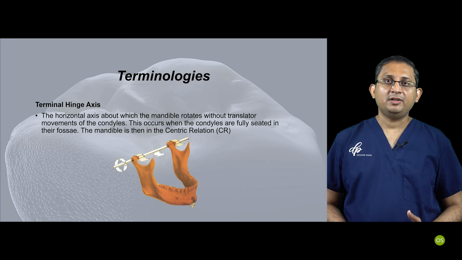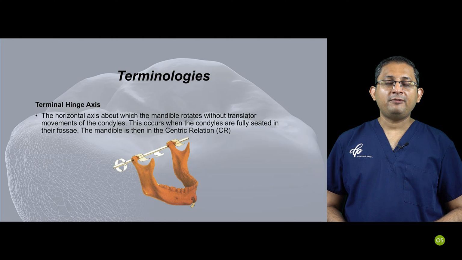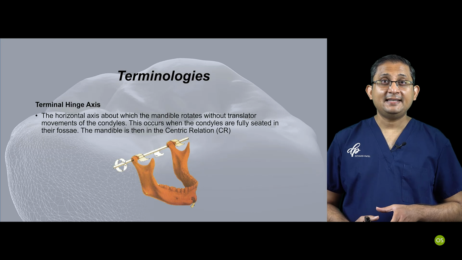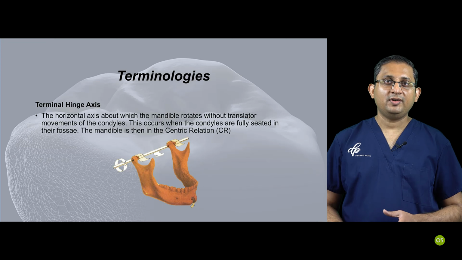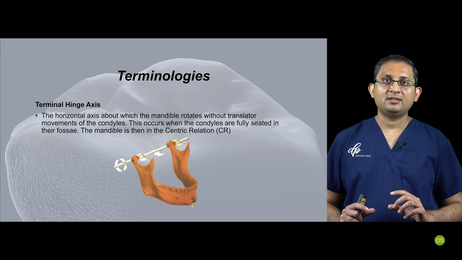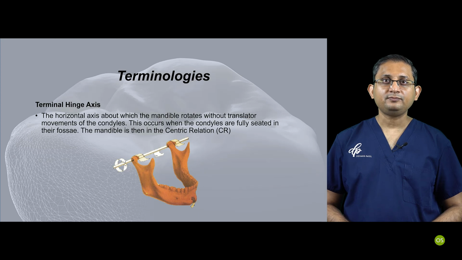That's called the terminal hinge axis in simple words. And here is the definition. When the condyle is fully seated and is in terminal hinge axis, rotating in a purely rotational movement, that's called centric relation. So simply put, centric relation is when the mandible is opening and closing in a purely rotational movement without touching the teeth.